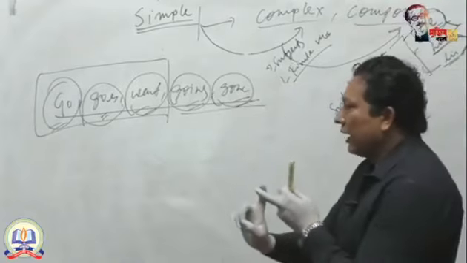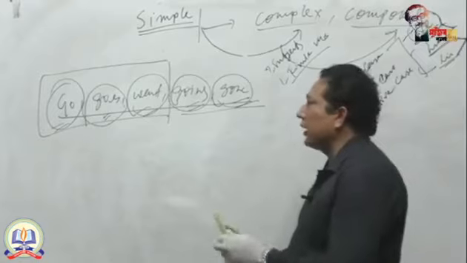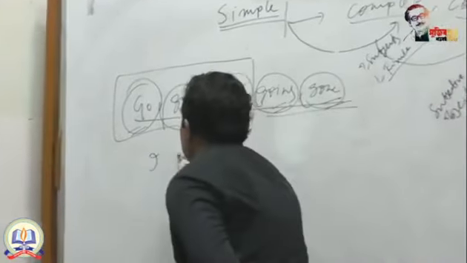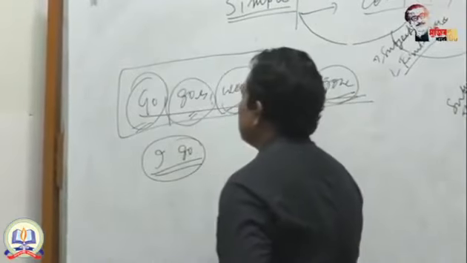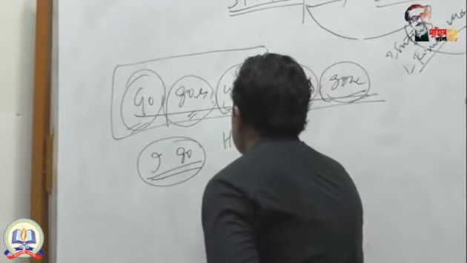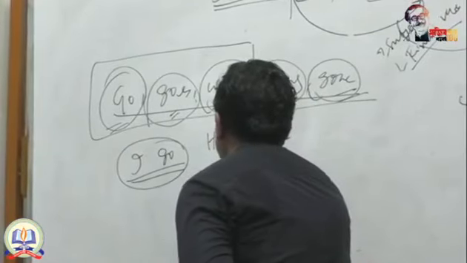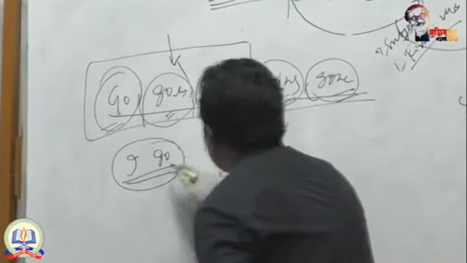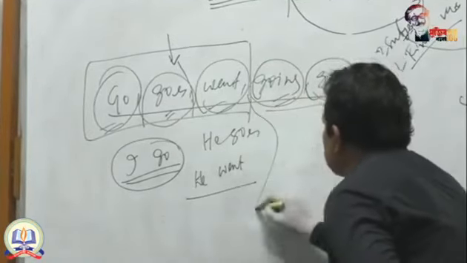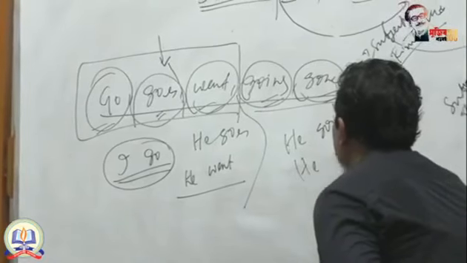Of course, you can change any finite verb to non-finite or non-finite to finite. How? If I say I go, this is a complete sense. He goes, he went. In this way, by taking these 3 shapes, you can easily complete a sentence. But just think, he going, he gone.